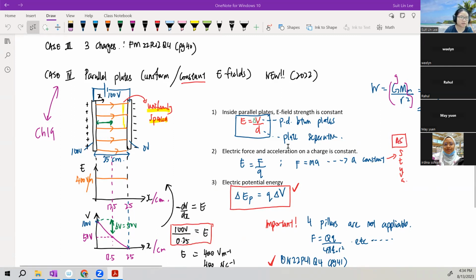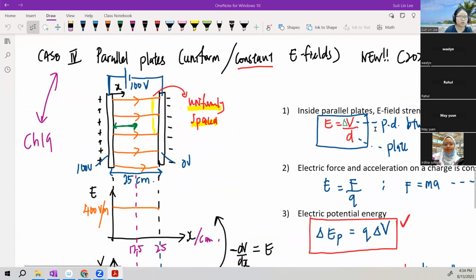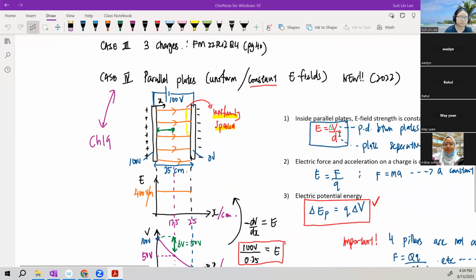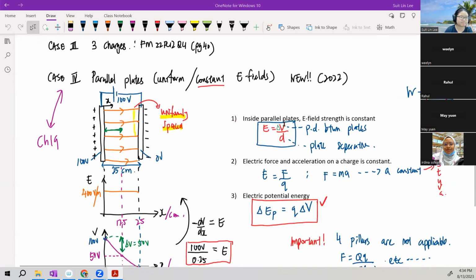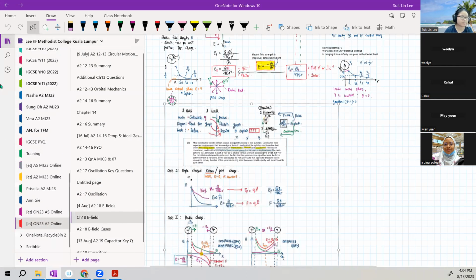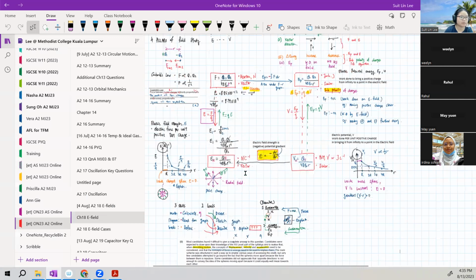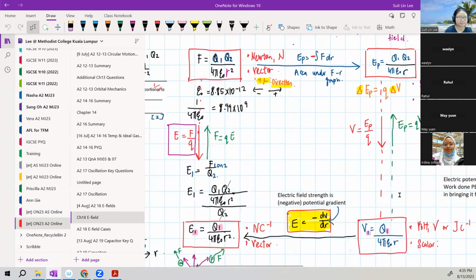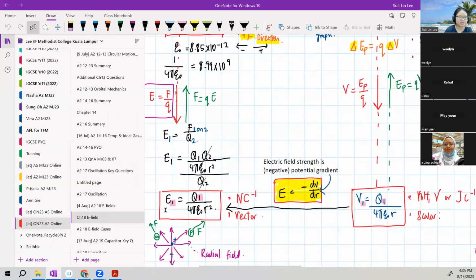By definition connectors, I mean, number one, to calculate the electric field, we will use V over D, which is the potential gradient. Okay, so if you look at the four pillars, to find E, we use V over R. But R is actually the separation between the charges.